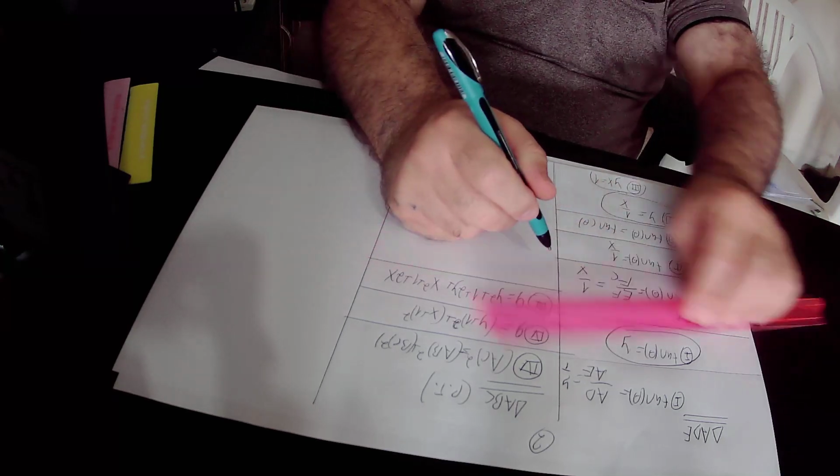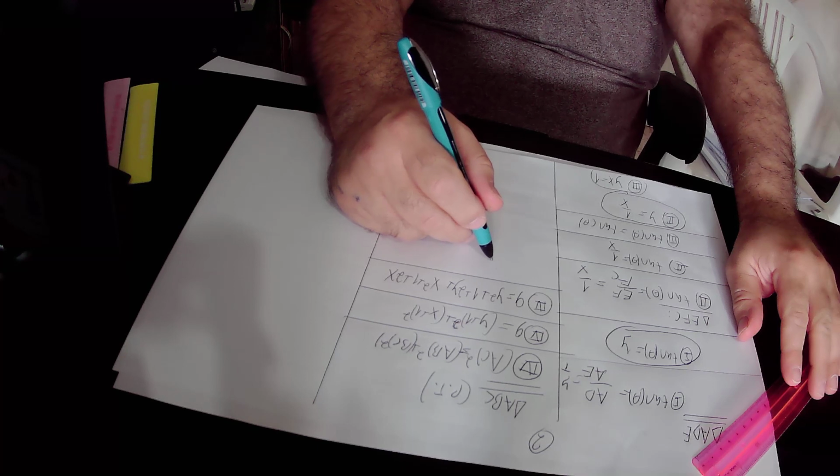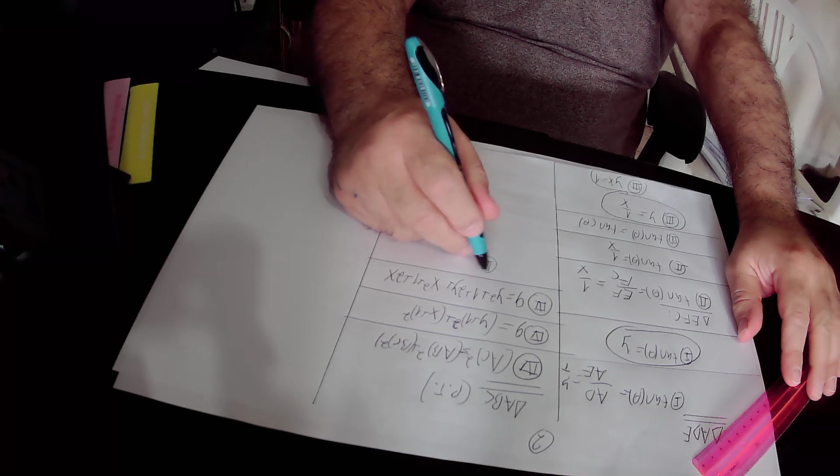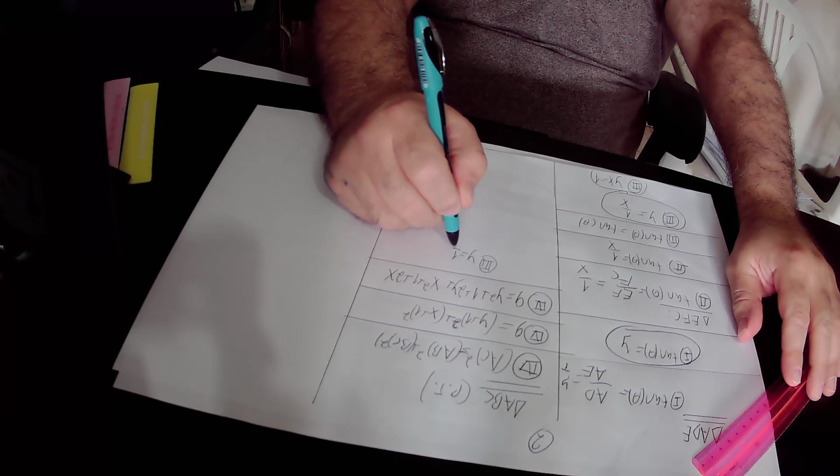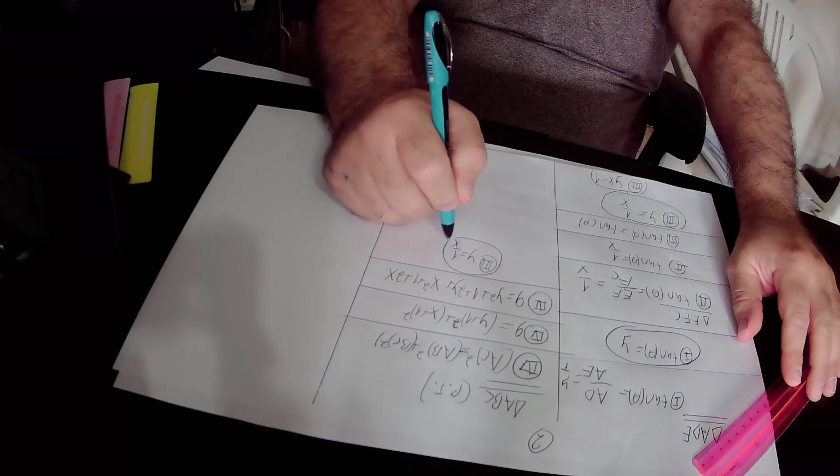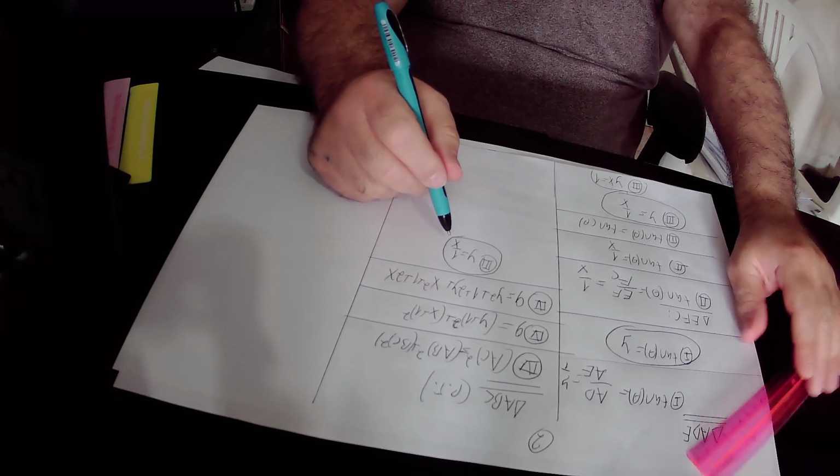But according to equation number 3, we found out that y equals 1 over x, so we will substitute y by 1 over x.